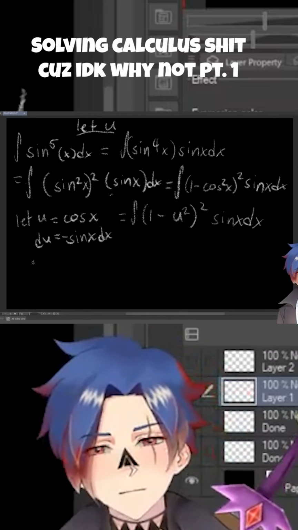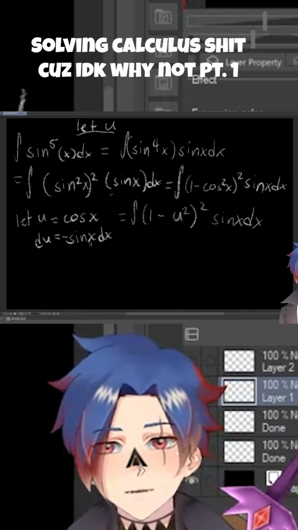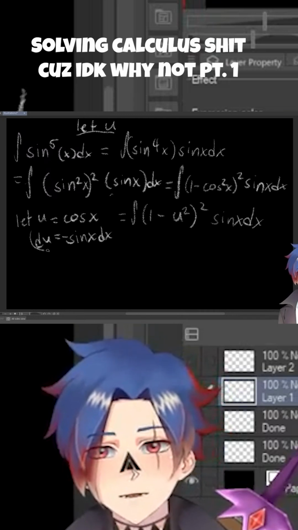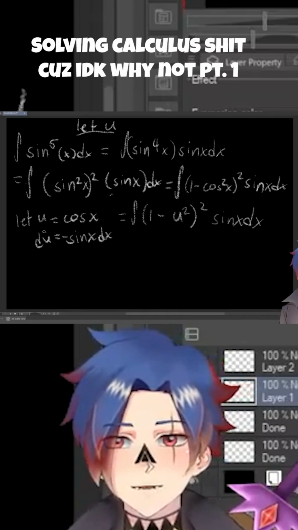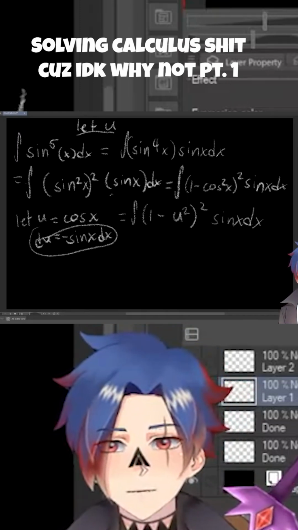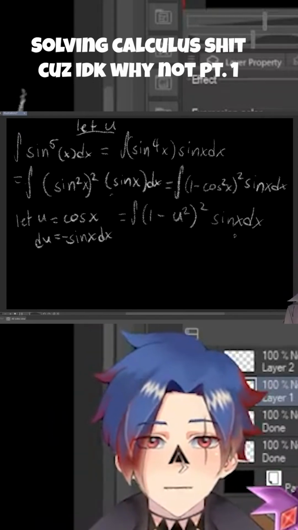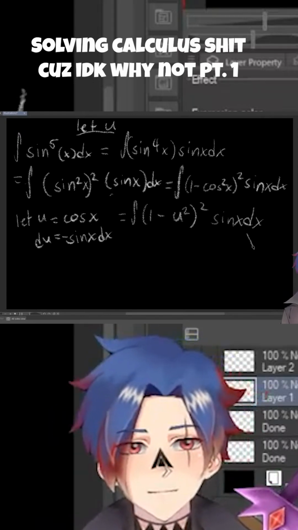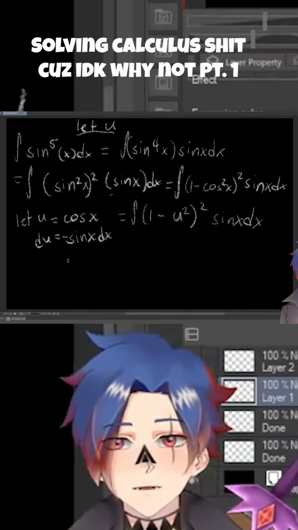So what should we do? We are going to manipulate this into something we could plug in, something usable.